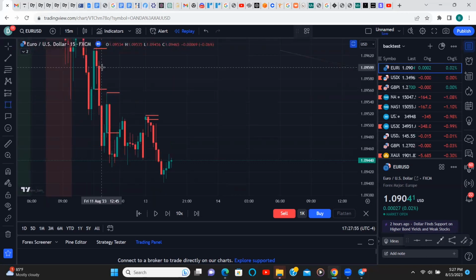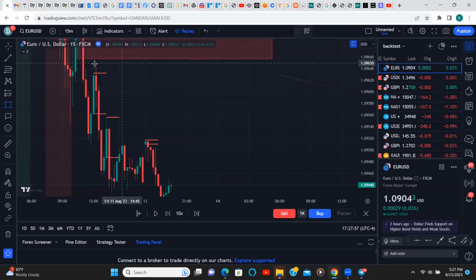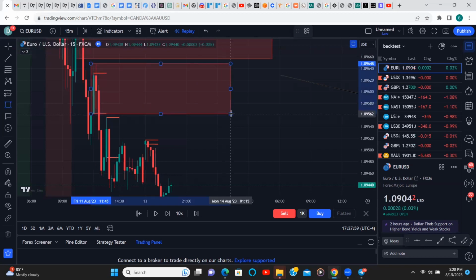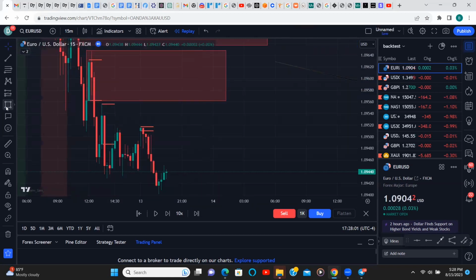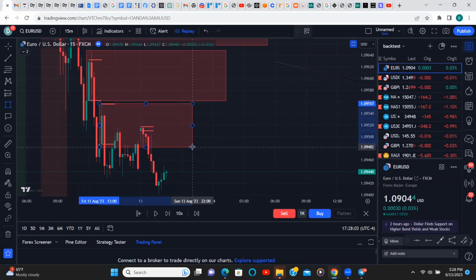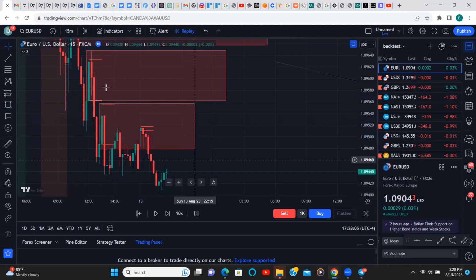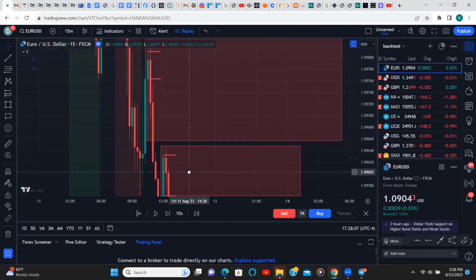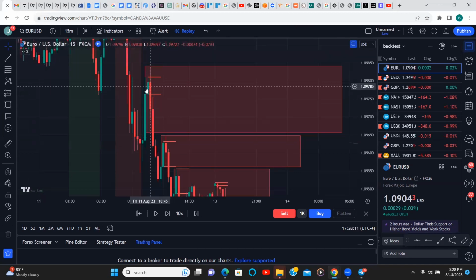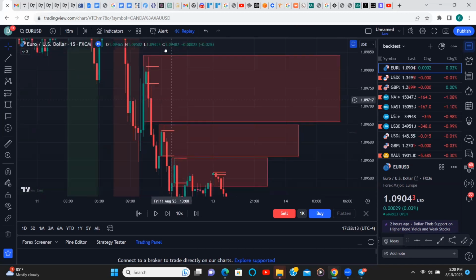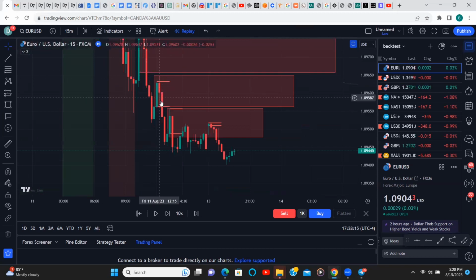We have this order block right up here, and this order block right down here as well. And as we see, what are these zones? These are all supply zones because why? We have a bullish candle followed by a bearish candle, again and again.